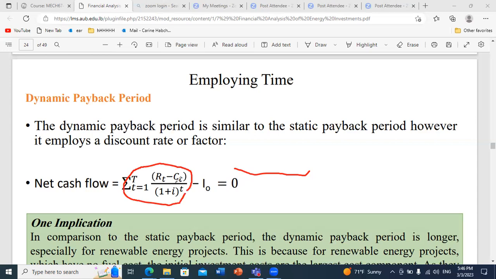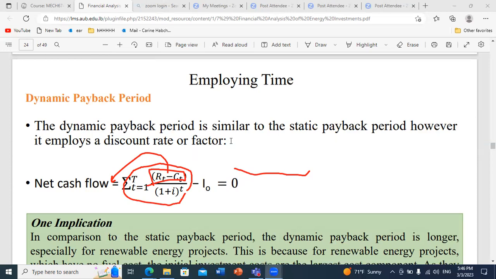If RT minus CT is constant, we can take it outside of the summation and we can use geometrical series. If not, we can prepare an Excel sheet or do calculation by hand in order to find, as we did in the table before, the dynamic payback period.